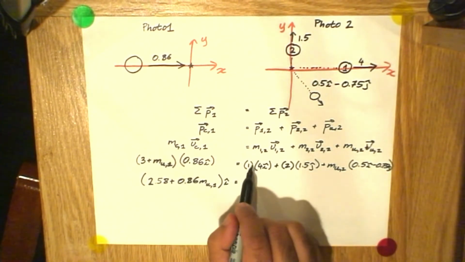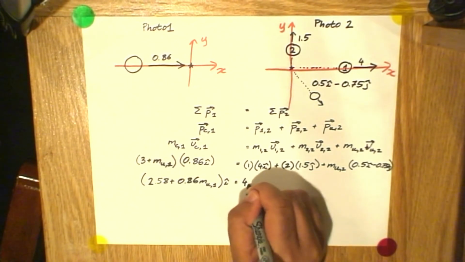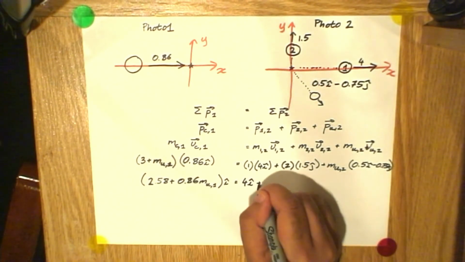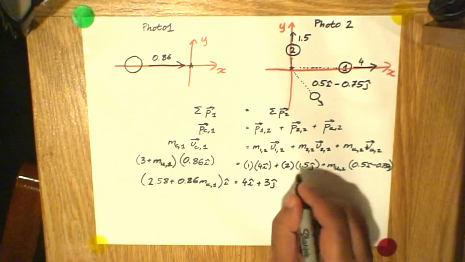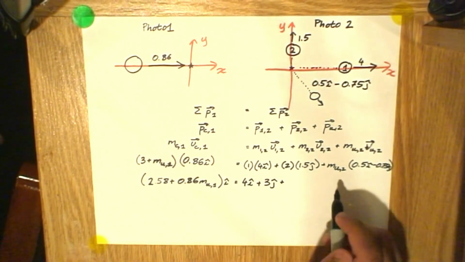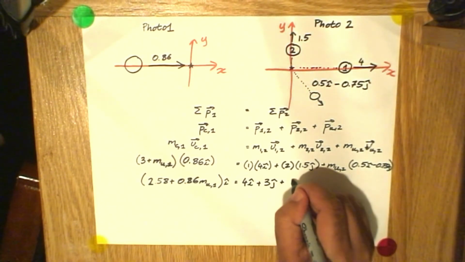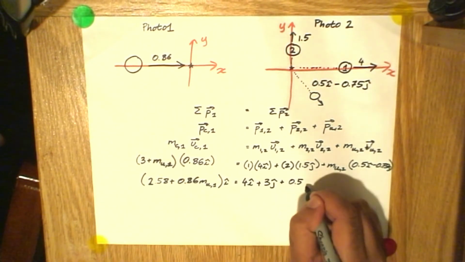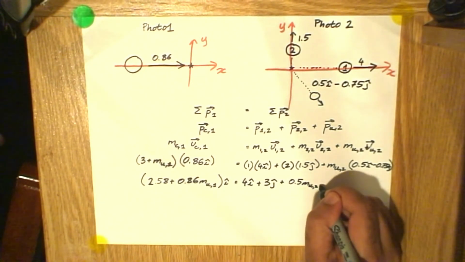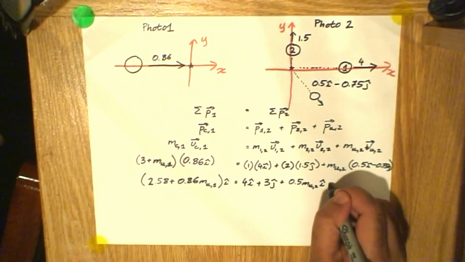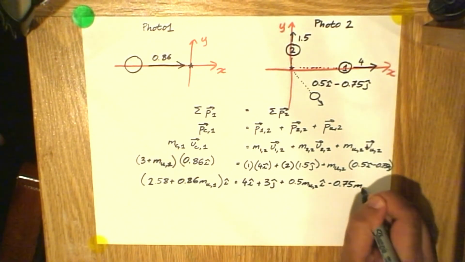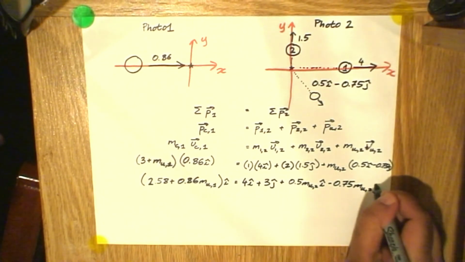This is going to work out to 1 times 4 is 4 i-hat, plus 2 times 1.5 is 3 j-hat, plus, now we'll distribute this over here as well. This is going to give us 0.5 times mass of the unknown in photo 2 i-hat minus 0.75 mass of the unknown in photo 2 j-hat.